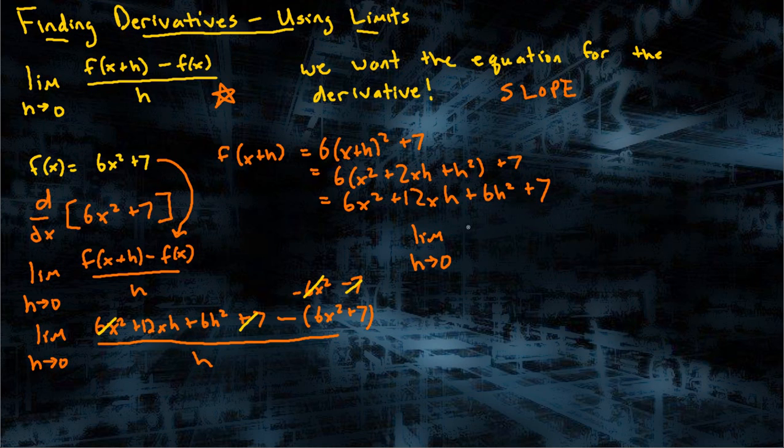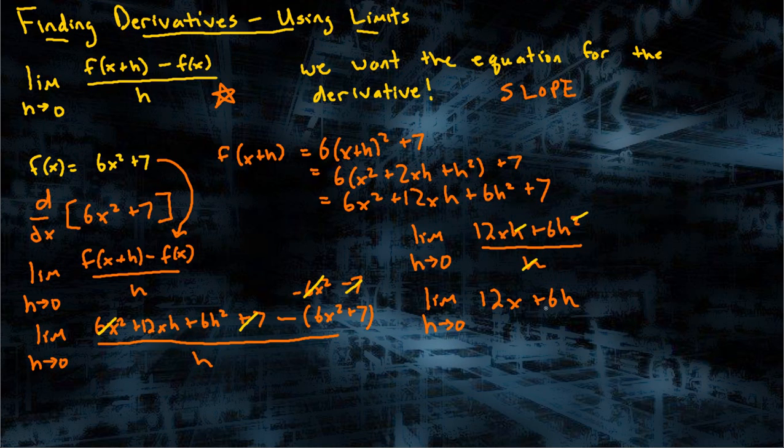So I'm left with the limit as h approaches 0 of 12xh plus 6h squared all over h. And now some h's will cancel. If I factored out an h, I could cancel these h's. And I get 12x plus 6h all over 1.